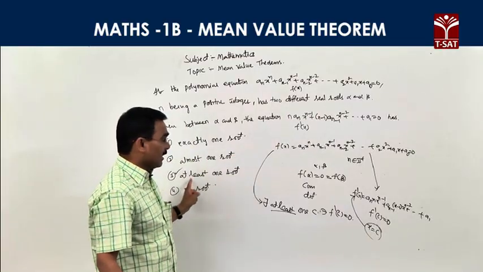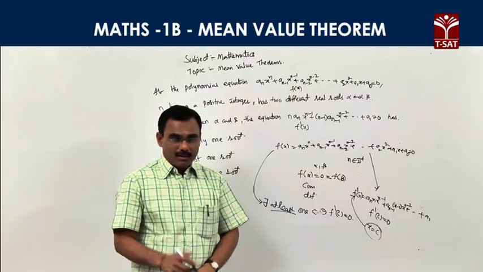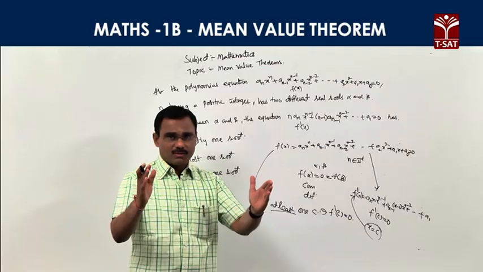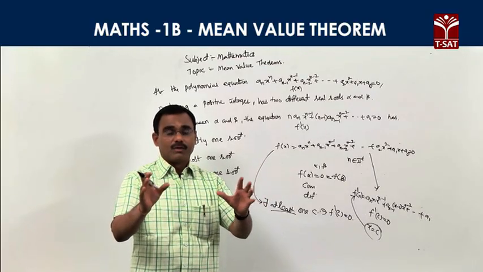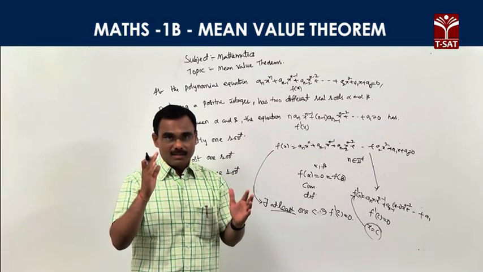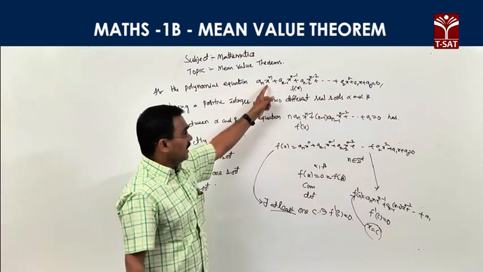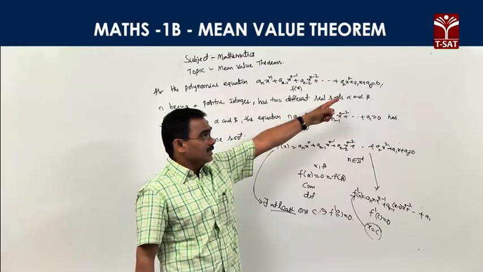That is, between any two roots of the equation f x equal to 0, at least one root of the equation f dash x equal to 0 lies between alpha and beta. At least one or more can be taken, at least one, see. So n a n x power n minus 1 plus a n minus 1 x power n minus 2 plus a1 x plus a0 is equal to 0.